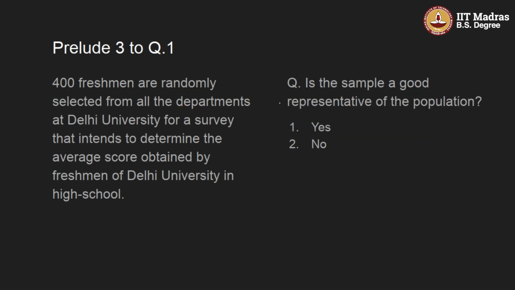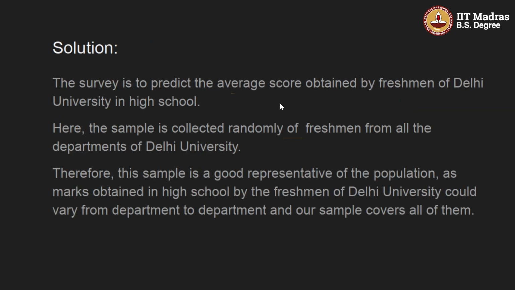Now the next question: is the sample a good representative of the population? Yes or no? Our objective is to predict the average score obtained by the freshmen at Delhi University in high school. And here we have collected a random sample of 400 freshmen from all the different departments of Delhi University.